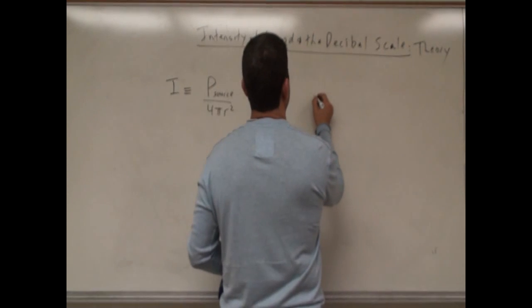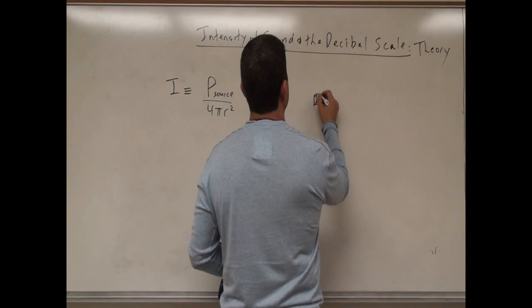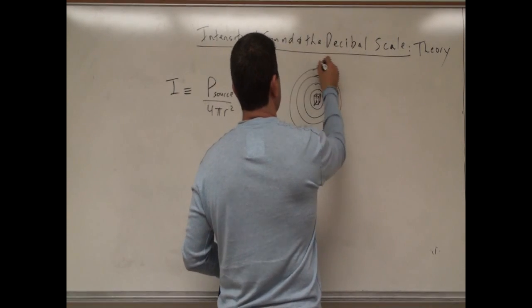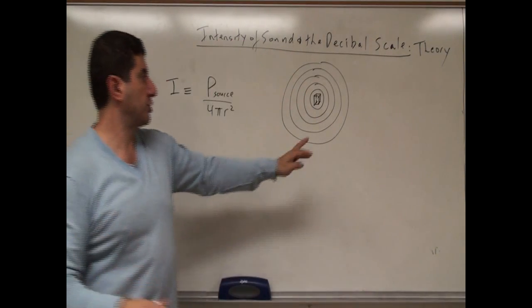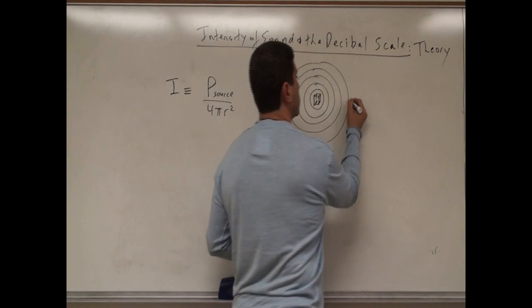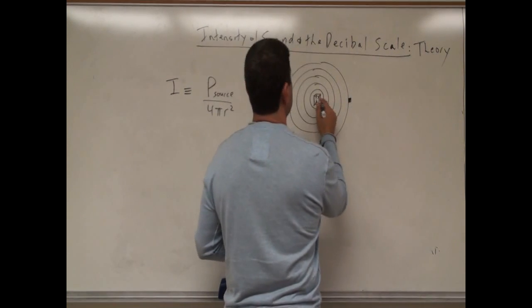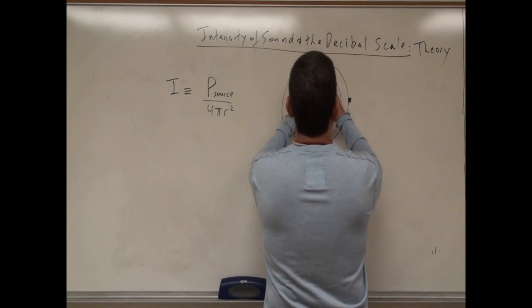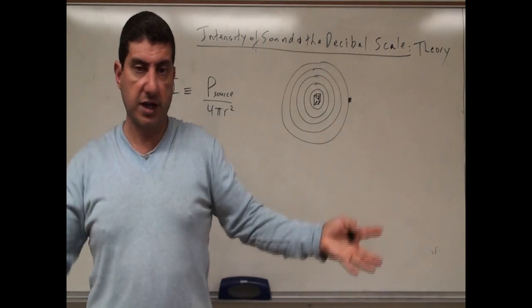So there could be a speaker here or something producing a certain sound wave, and the power of the sound wave is traveling in a 3-dimensional fashion. So if I want to know what the intensity is at a certain point, like here, what I do is I take the original power of the source, but the power is being distributed in a 3-dimensional fashion, in a spherical shell like this.